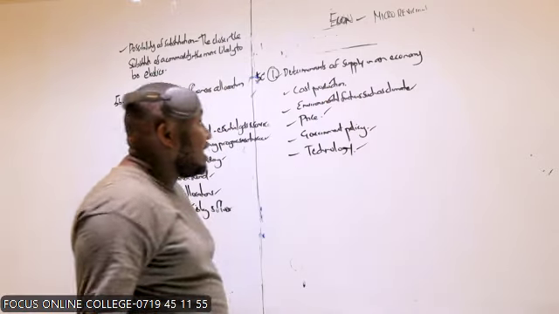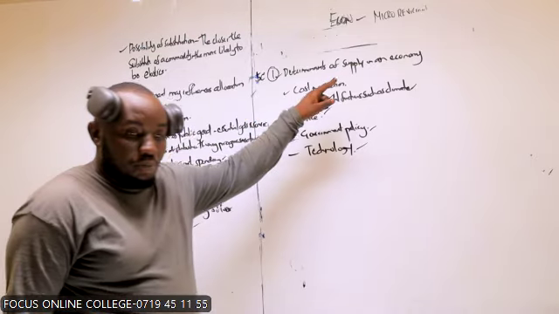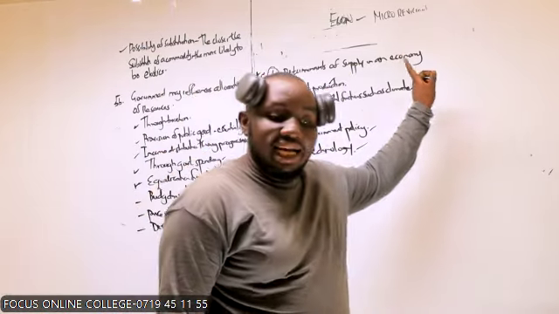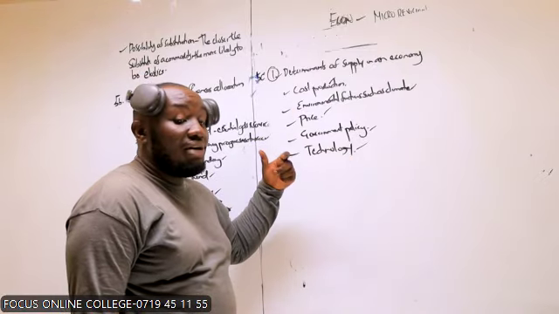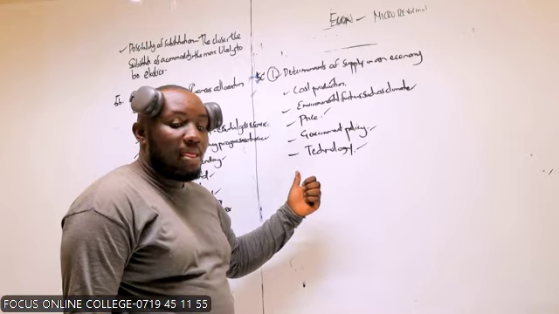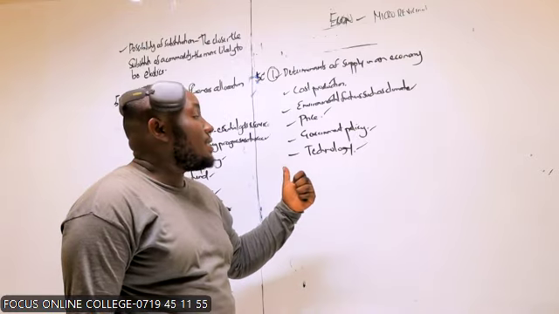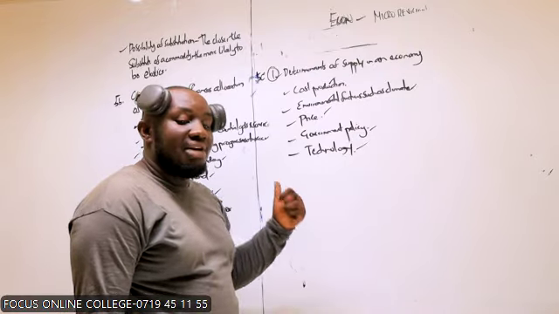So these are the determinants of supply. Cost of production: when the cost of production is low, supply is high, and vice versa. Then environmental factors like climate: with a favorable climate, supply is going to be high, and vice versa. And the factor price: with a high price, supply is going to be very high. Then government policy.